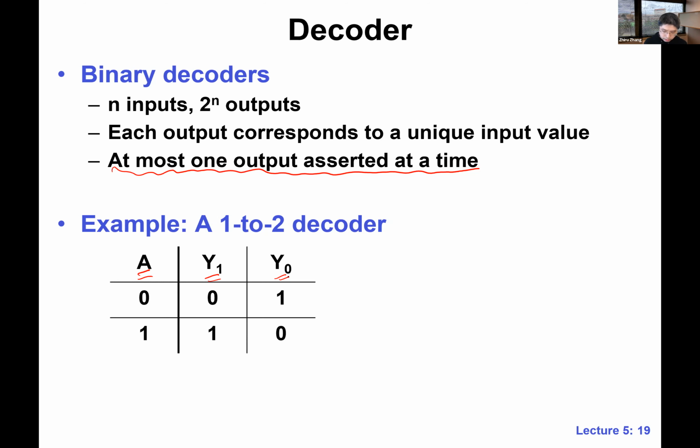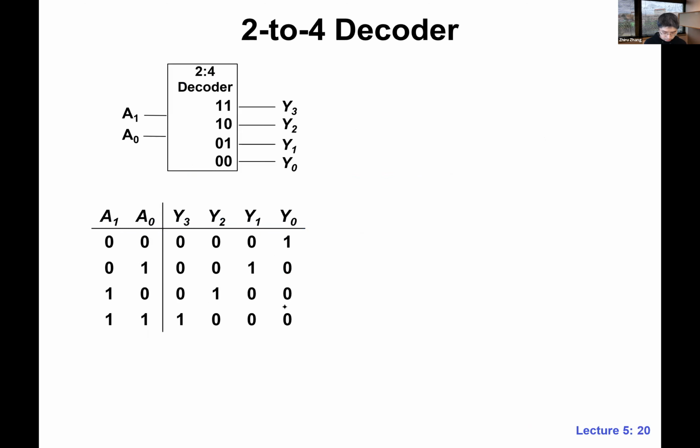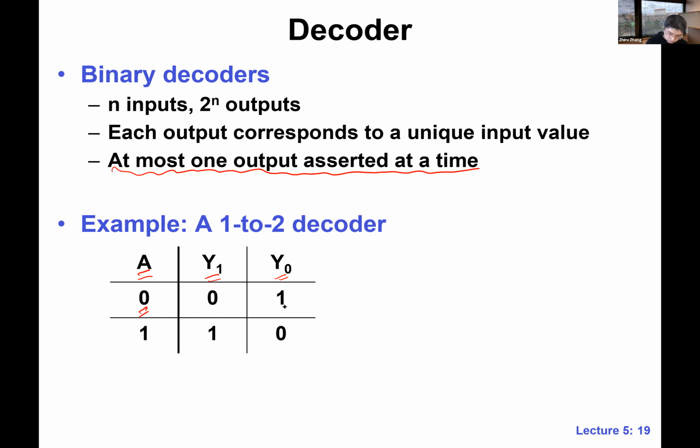Again, we label the outputs using a decimal index. We label one of the outputs as Y0, and the other one is Y1. When the input A is 0, the corresponding line Y0 is asserted. And when A is 1, the corresponding output line Y1 is asserted.